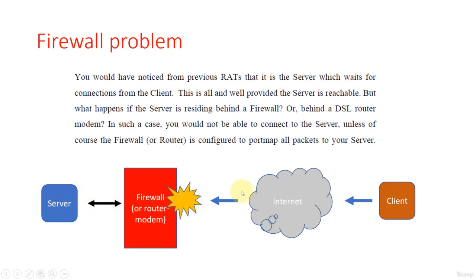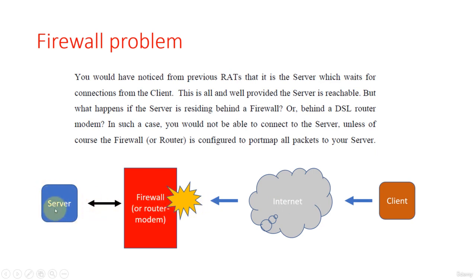The server can go out to the internet, no problem, because a firewall normally will allow that. But other machines on the internet will not be able to go through the firewall or the router in order to reach the server. So this is a problem.